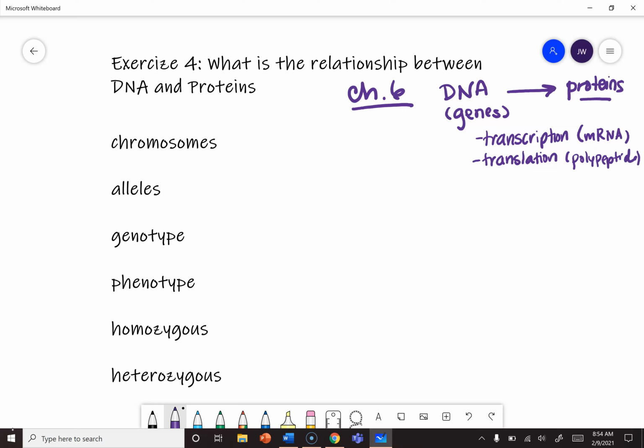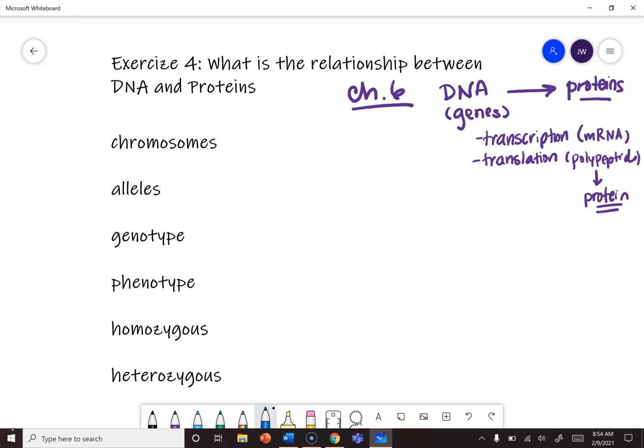We didn't talk about it too much, but that polypeptide is then processed and turned into a functional protein. Before we start talking about proteins in our lab today, I want to introduce a few new terms to you.